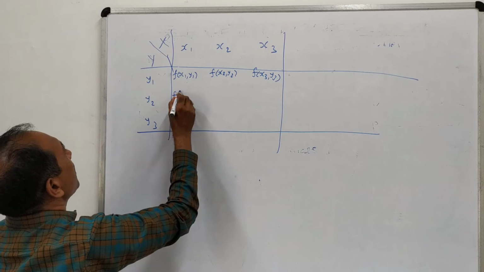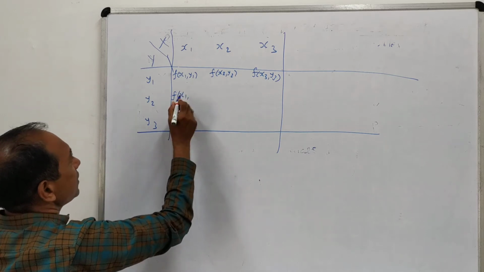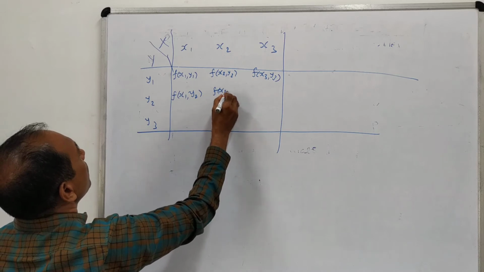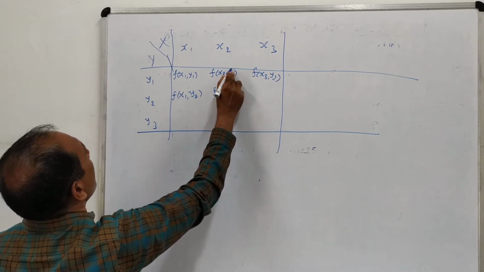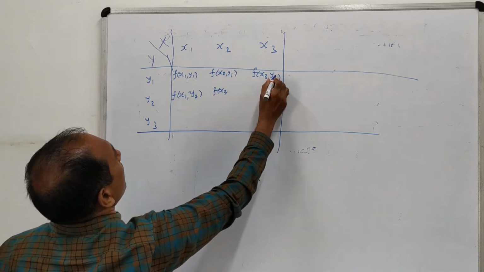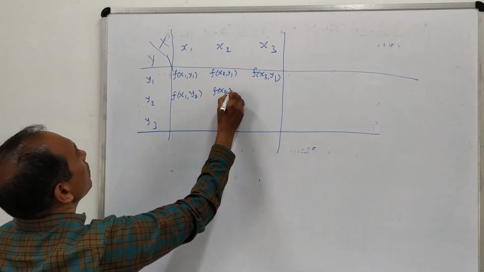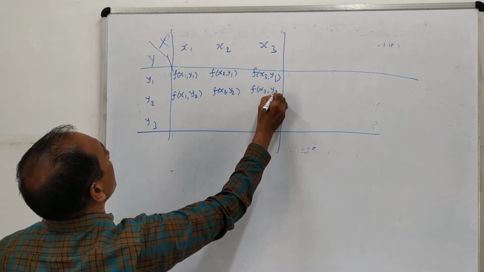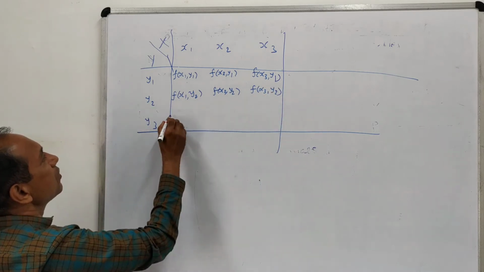In the next row, f(x1, y2), f(x2, y2), this is f(x3, y2). Okay, y2 is fixed in this row.